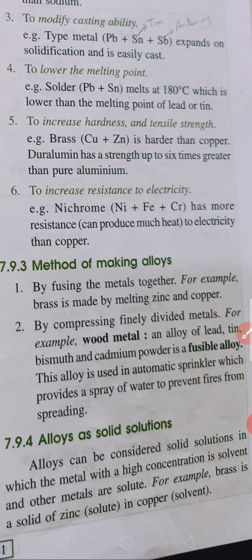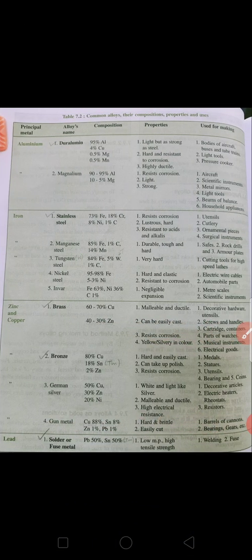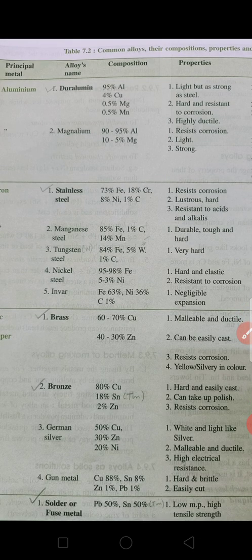So the percentage of metal which is more will be called solvent and which is less will be called solute. Now children, in this table which you see, there are some alloys given, but according to the syllabus we are only going to study the alloys which are given in the syllabus.